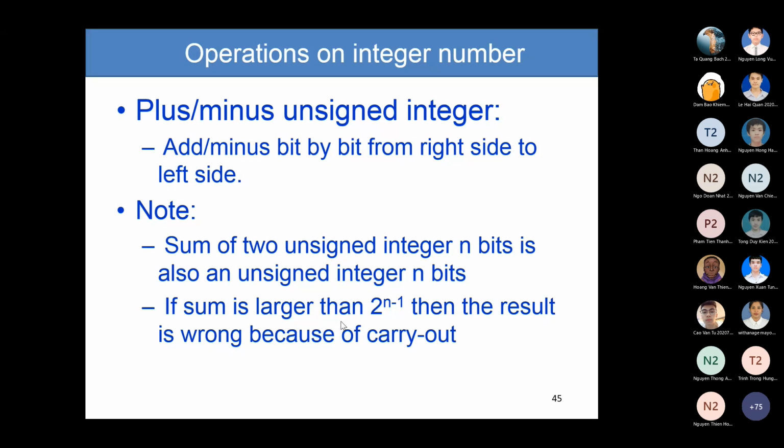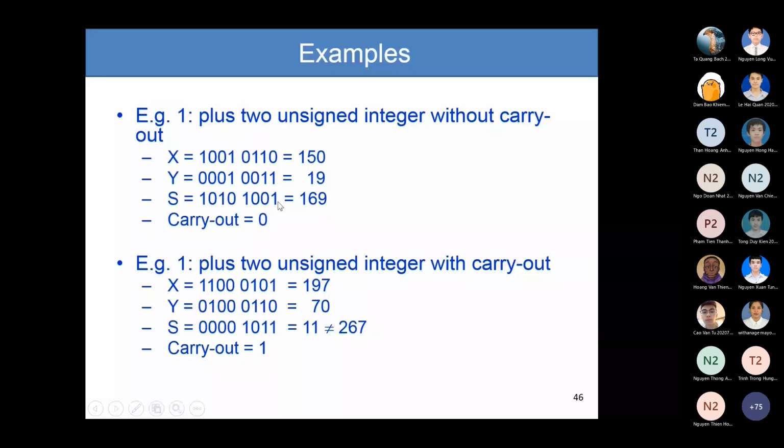Okay, here is some example. Example 1: given x and y, which are 8-bit integers. We add x and y the same way as last week. 0 plus 1 equal to 1, 1 plus 1 equal to 0 and remember 1. 1 plus 1 here equal to 0 and also remember 1 here.